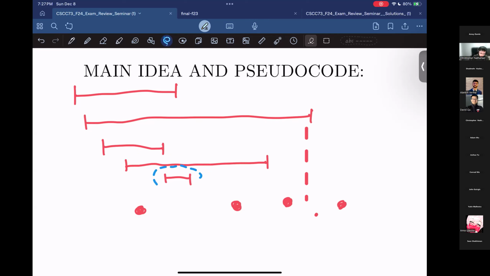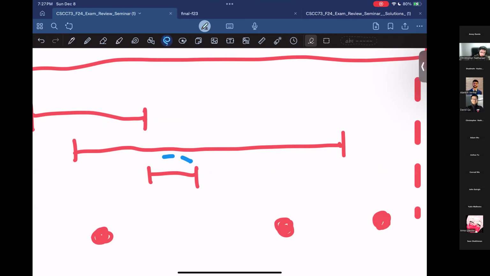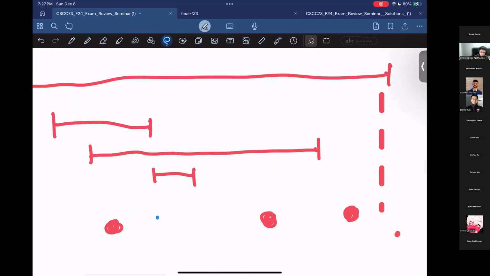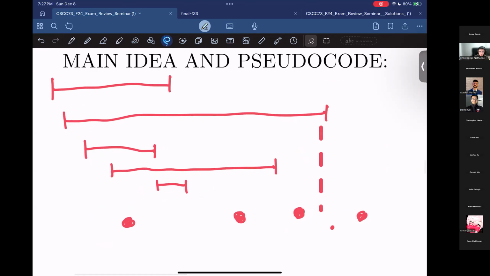Once we go to this one, we find that the range of weeks this question covers no longer covers the initial week. And we can declare that the previous one is the best possible option, because any other questions in this question bank will no longer cover the first one, because it's sorted by increasing start time.